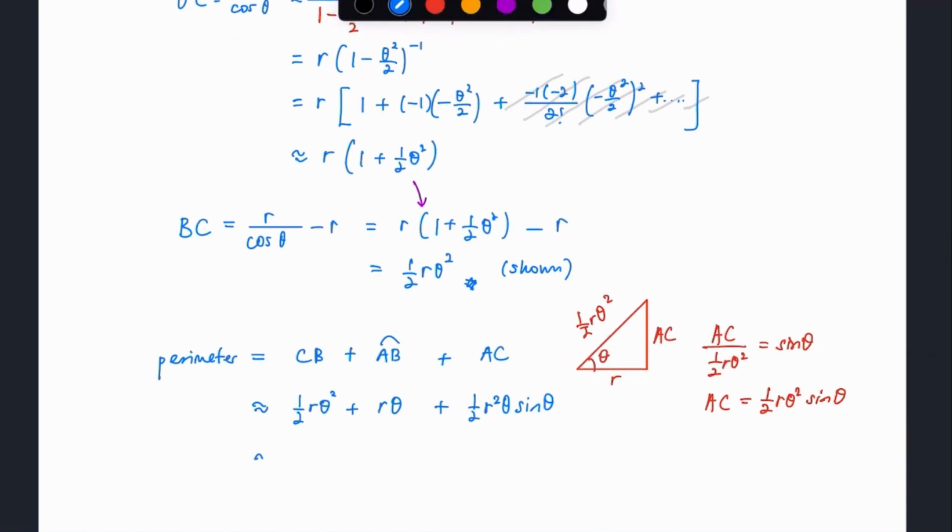So putting this in, because of this, half r theta square plus r theta plus half r square theta. With the small angle approximation, this one will become theta, so this one will be theta square already. So your half and half will become 1. Am I doing this right?